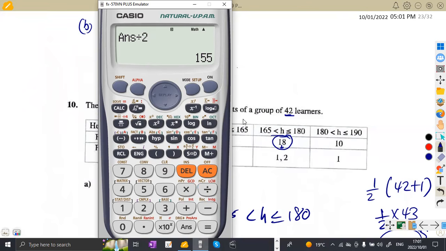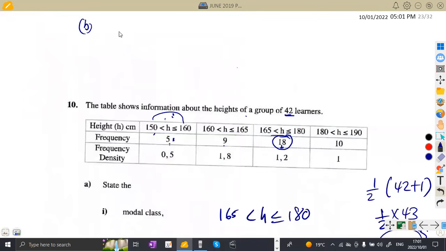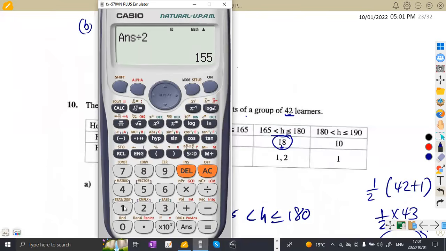So each and every class, that's what you're supposed to do. So the first one is 155, times the frequency, which is 5. You move on to the second class, 160 to 165, you do the same, 160 plus 165, whatever that you're going to get here, divide by 2, which is going to be 162,5.